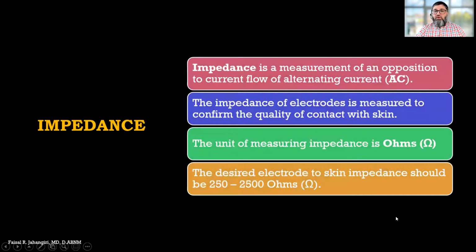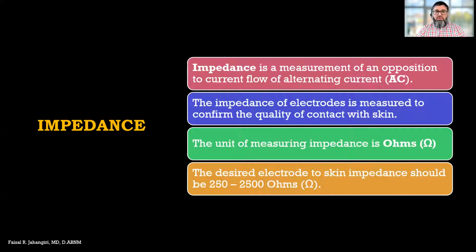Impedance is a measurement of opposition to the current flow of the alternating current. So the opposition to the flow of a direct current is resistance, and the opposition to the flow of alternating current is referred to as impedance. The impedance of electrodes is measured to confirm the quality of the contact with the skin. So if you have a lower impedance, that means the contact between the electrode and the skin is good.